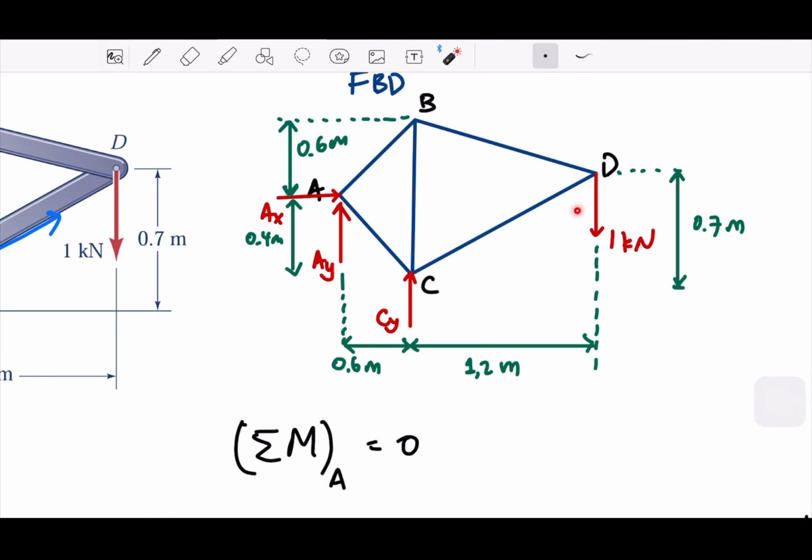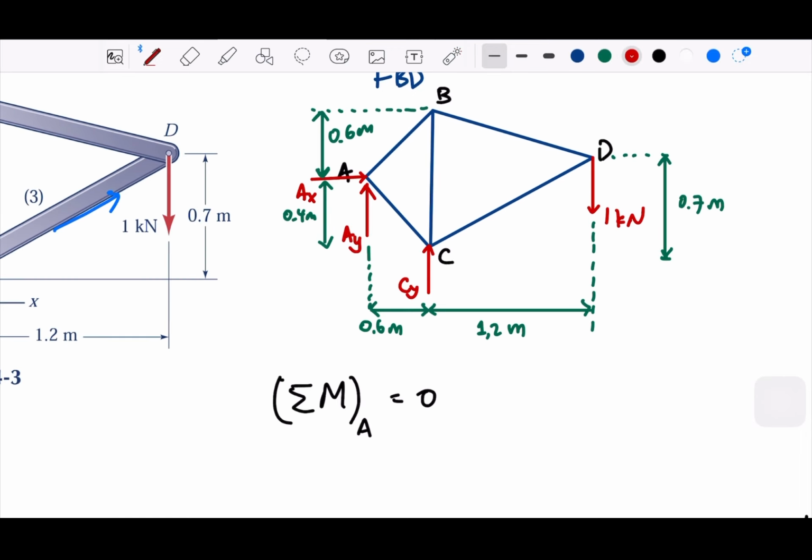This will be the applied force: 1 kilonewton multiplied with this length, 1.2 plus 0.6. Let's say clockwise is positive.